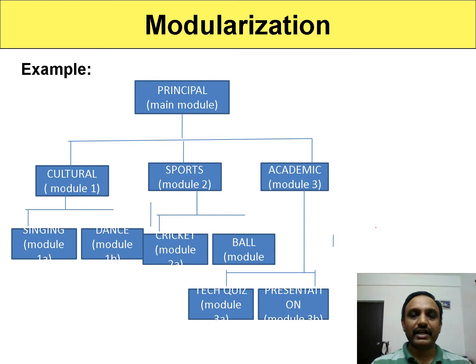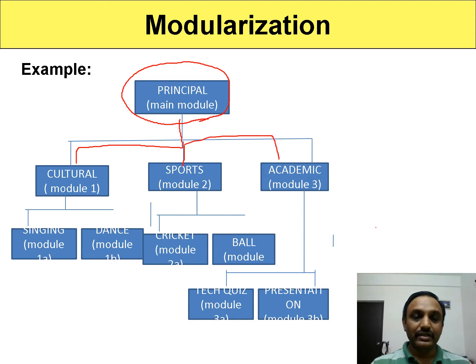Here is one example for modularization. We are taking a college example. Here we take the principal as the main module. Under the principal, we have several departments: the cultural department, sports department, and academic departments. Under the cultural department, again we have sub-modules: one is singing, another is dancing.